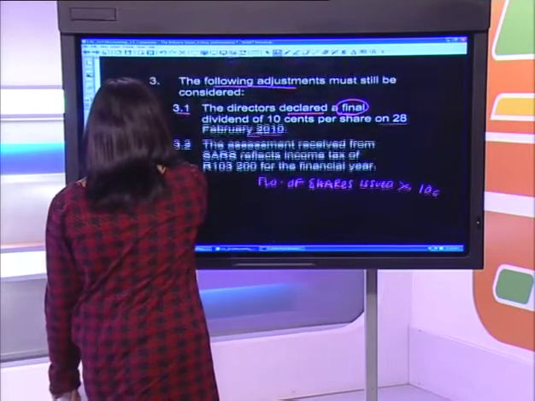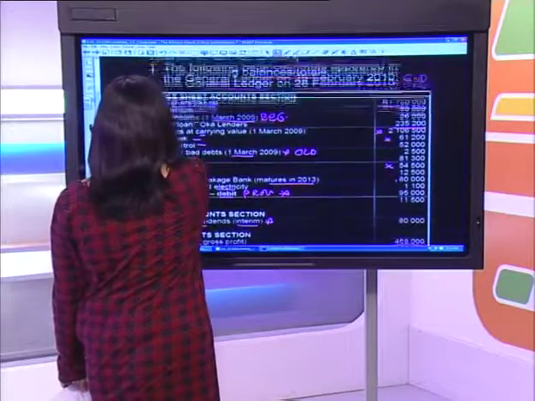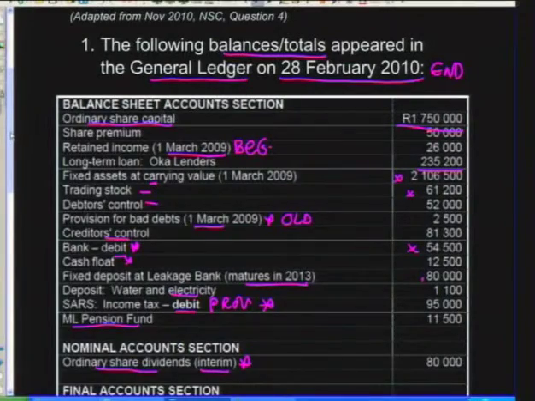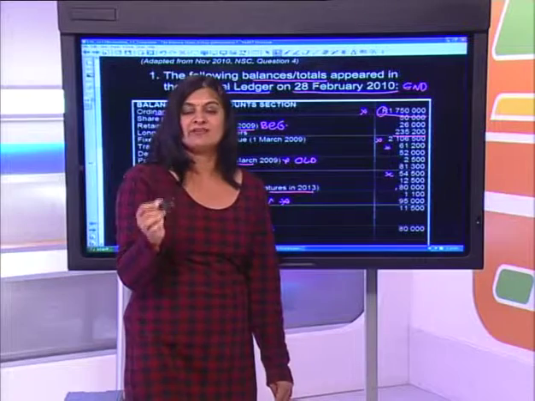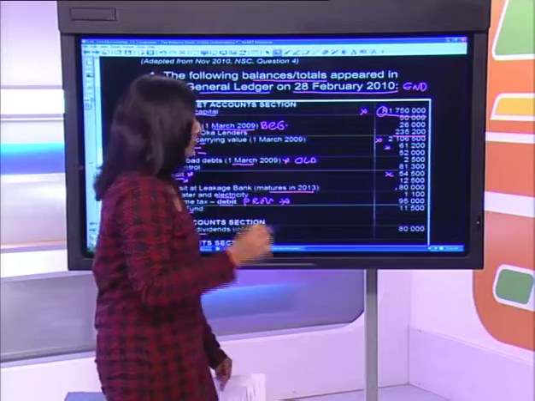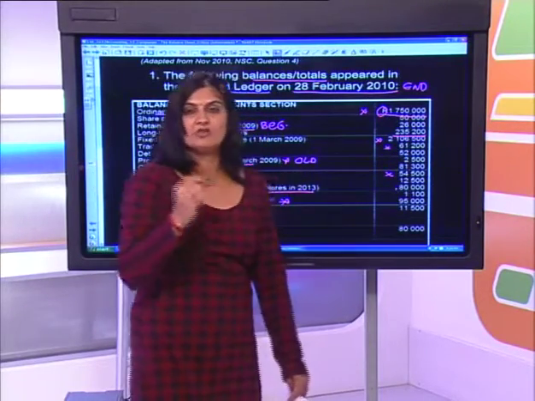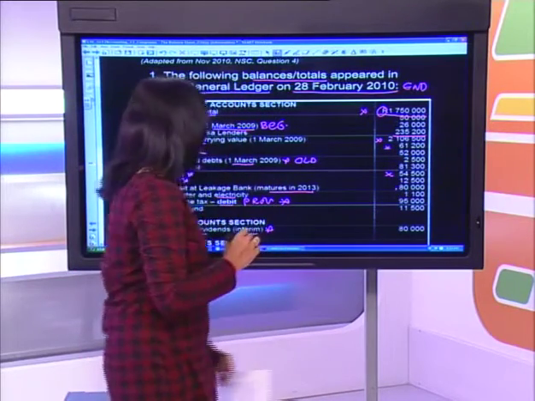So if I go further up, I've got the information that is given to me at the top, ordinary share capital, 1,750,000. So remember guys, this is the Rand value of shares. In order for me to calculate the number of shares issued, I am going to take my Rand value, 1,750,000, and I'm going to divide this by par value of 2 Rand.